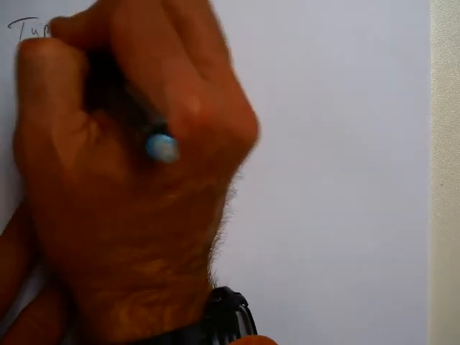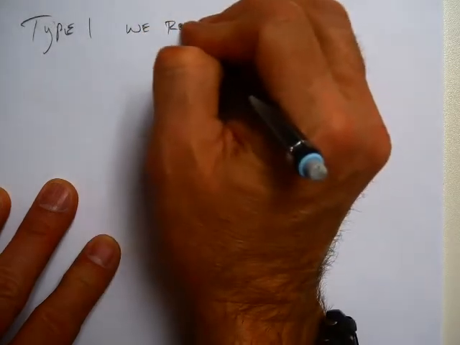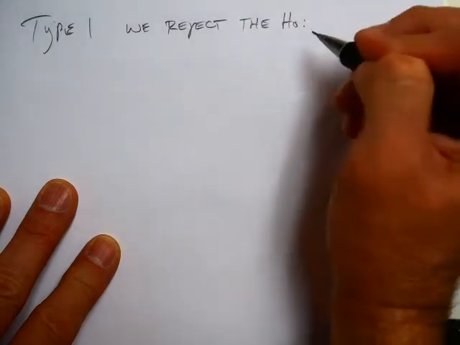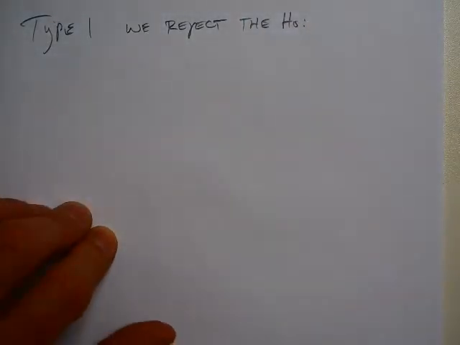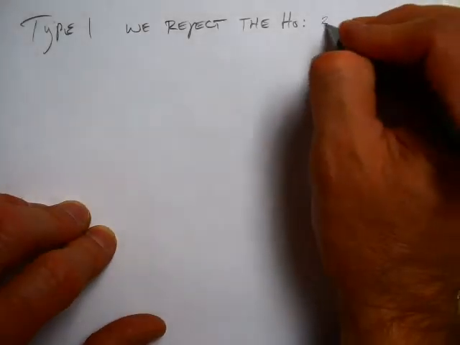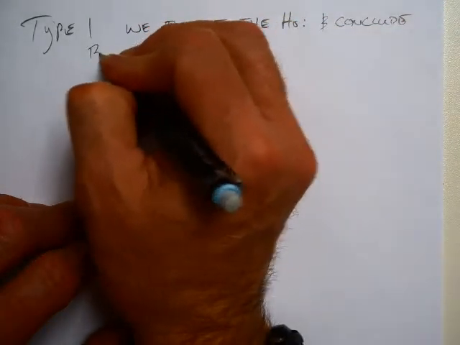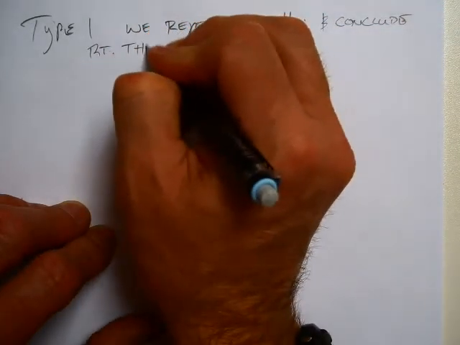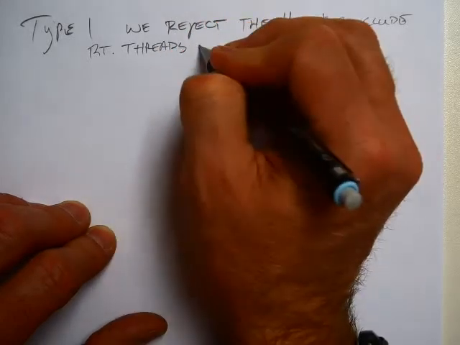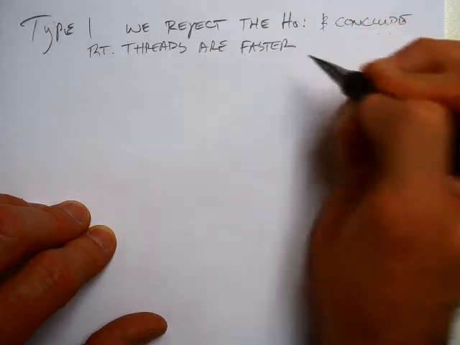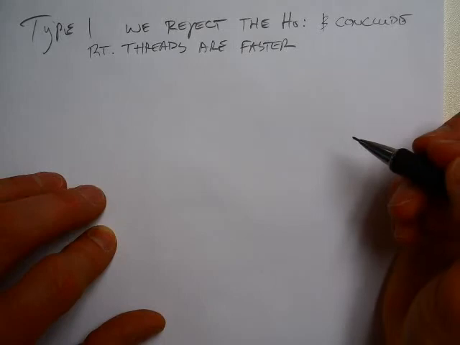Type 1 error is going to be, we reject the null, and conclude right threads are speedier, or are faster, when they aren't.